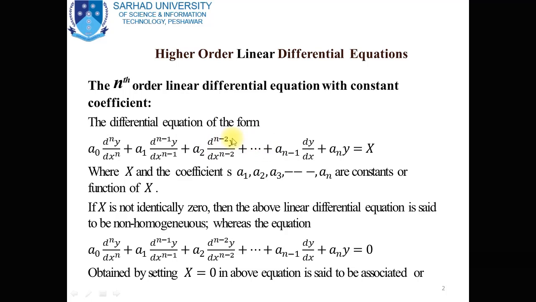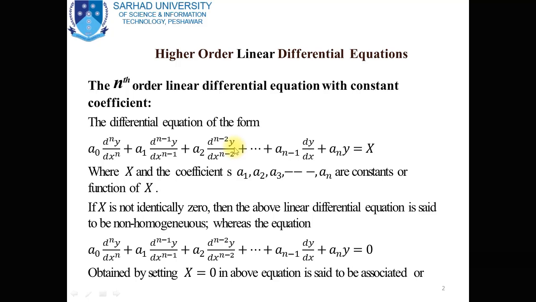In this case, the equation has only a complementary solution. For the complementary solution, first of all, write the auxiliary equation of the homogeneous linear differential equation with constant coefficients, and then find the roots, and after finding the roots, check the nature of the roots.